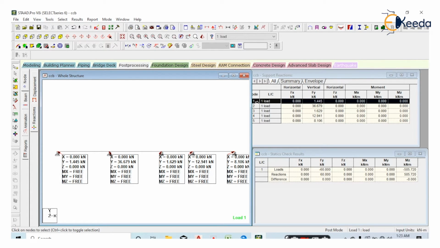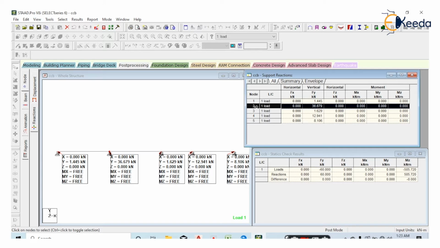In first node, there is a reaction of 1.445 kilonewton in vertical direction. We did not apply a load in X and Z direction, so reactions are 0, 0. We applied load in Y direction, vertical direction, so reaction will also come in only vertical direction.